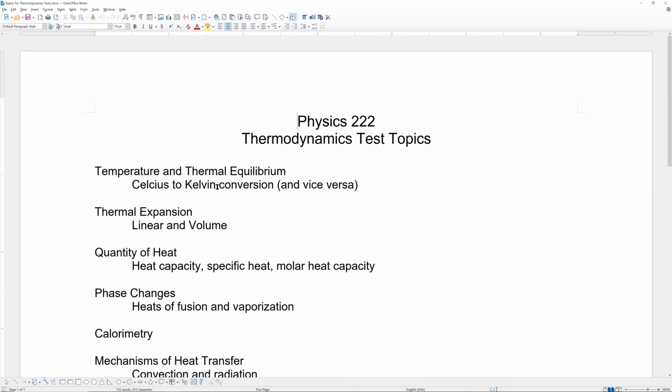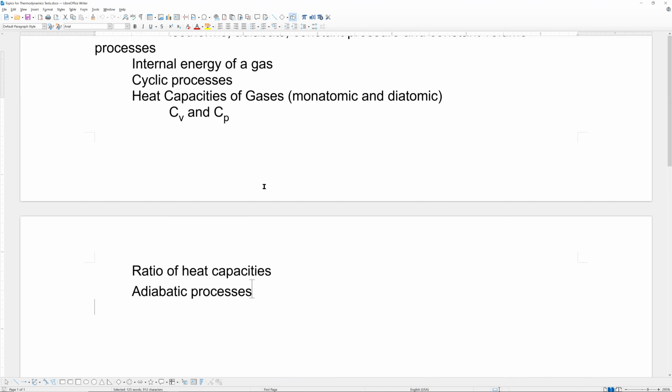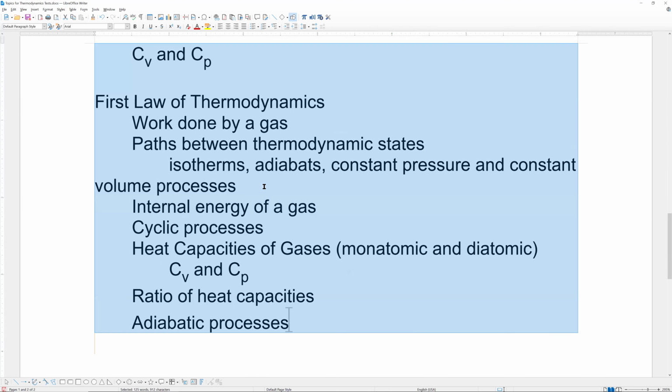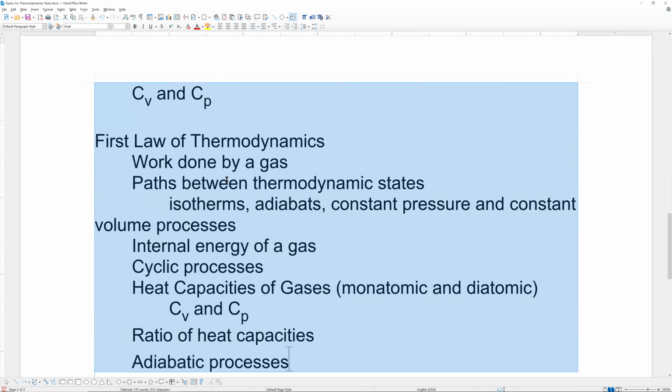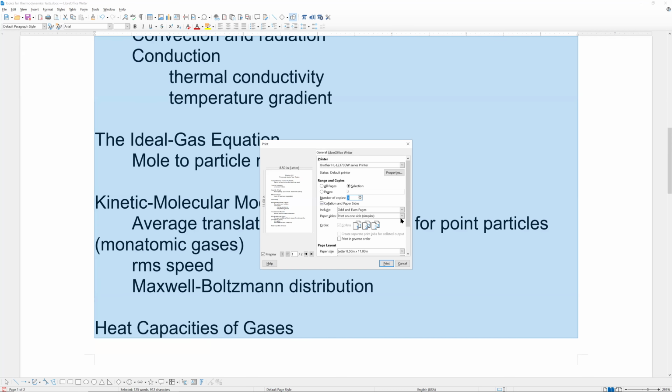I could have blown this up, I guess. I'll do that. Control A and bump up the font a whole bunch. Yeah, I'll print that off that way. Then you can actually see what I'm doing.